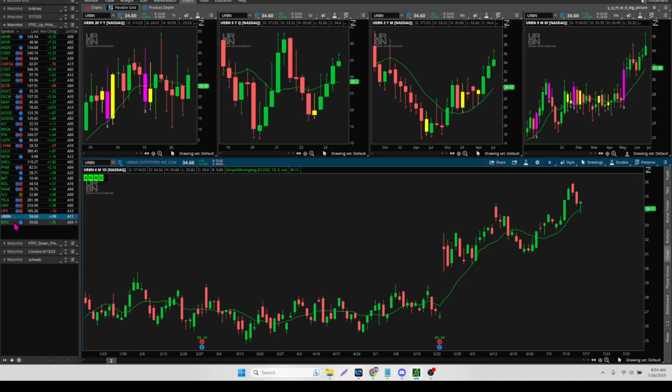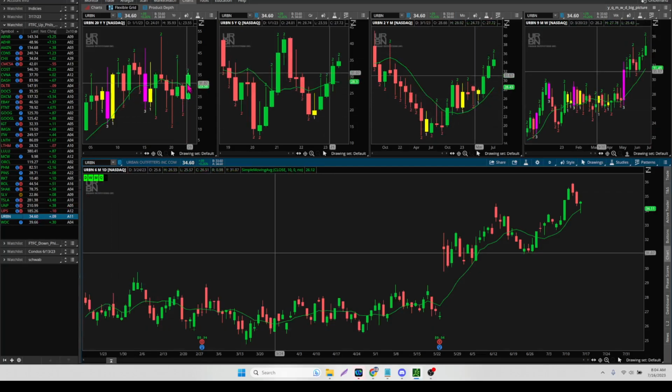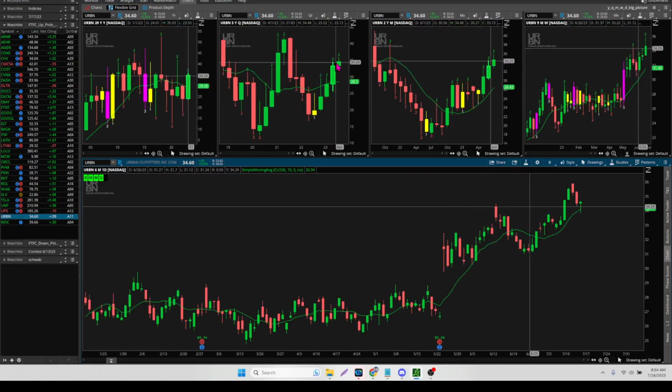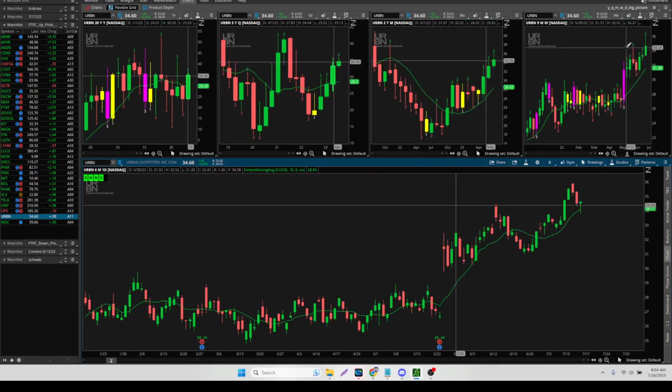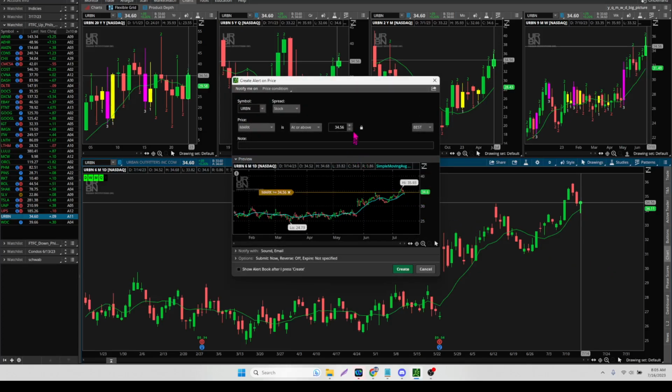Urban is setting up for 2-2 reversal here. And let's look at this here. You can see for the year we have it in force. For the quarter we have 2-2 continuation. For the month we have 2-2 continuation. And then for the week this is in force too. So if Urban goes above 34.68, I want to get into this trade.